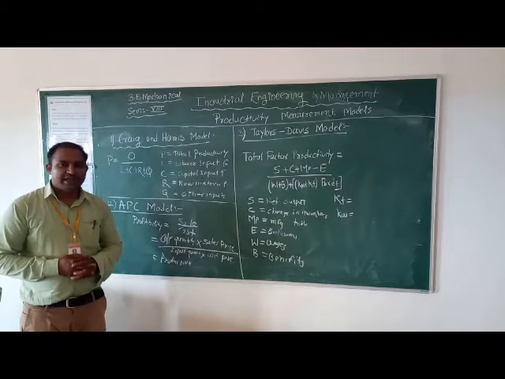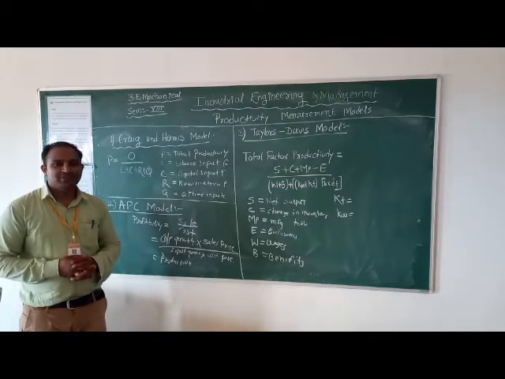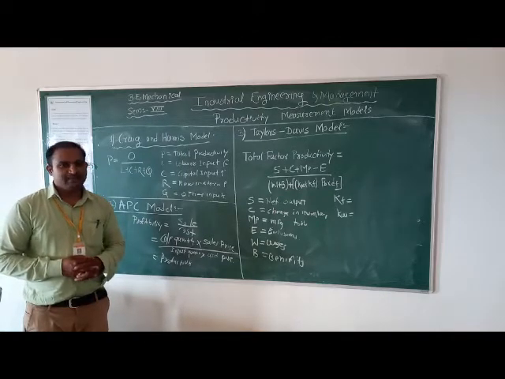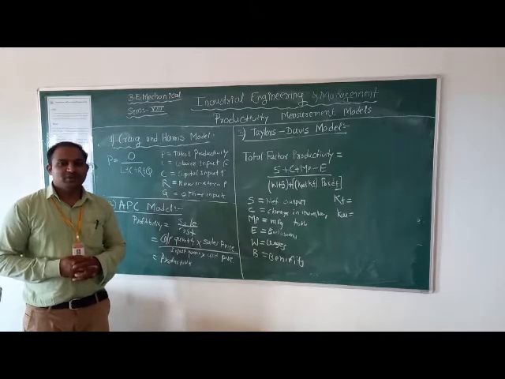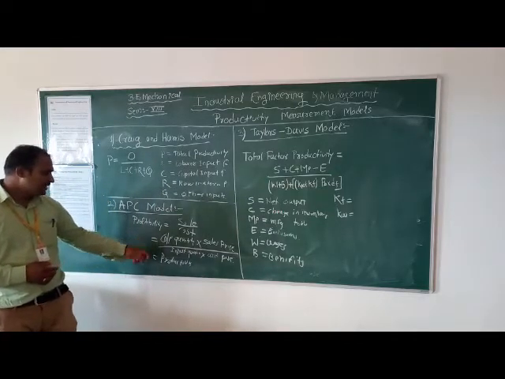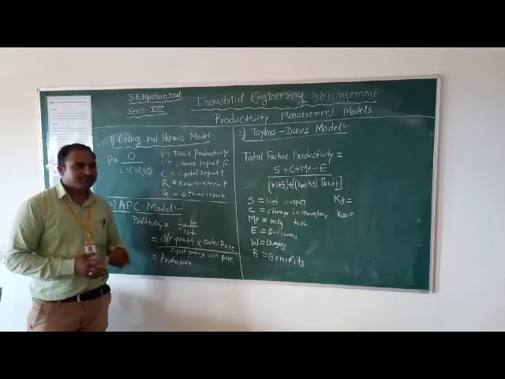The ratio of output to input is known as productivity, and the ratio of sales price to unit price is known as the price deflator, that is the ratio of base year price to the current year price. So we compare the profitability with the productivity.